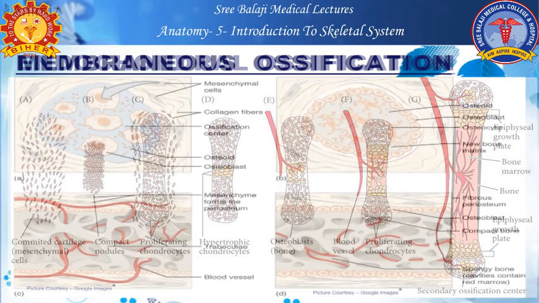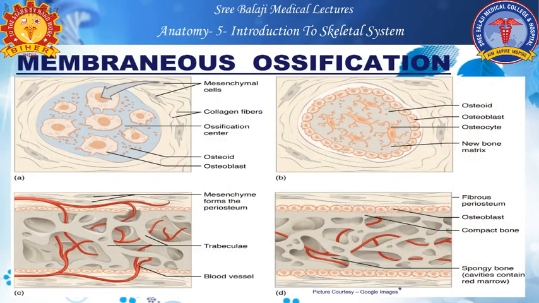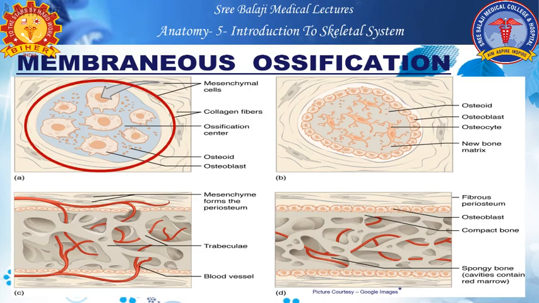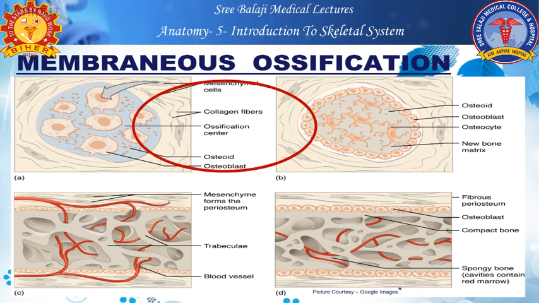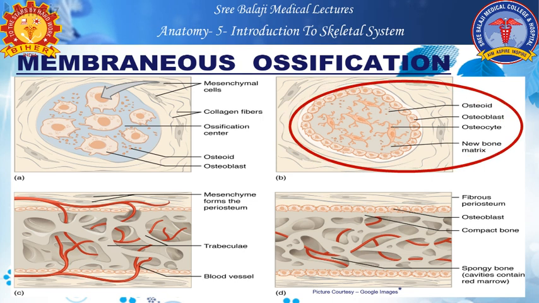The next type of ossification is called membranous ossification. In this, the same mesenchymal cells are deposited. This is converted into a mesenchymal model in the shape of the bone that needs to be formed. Inside this, directly calcification starts and osteocytes start getting deposited.